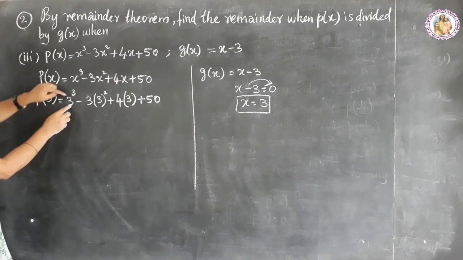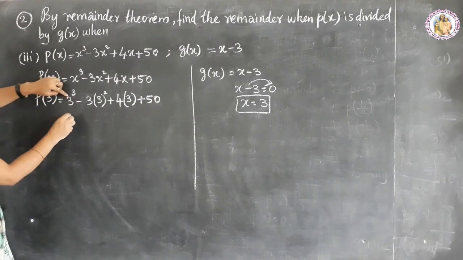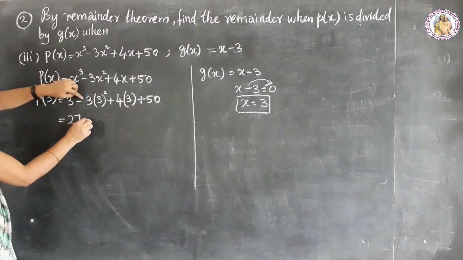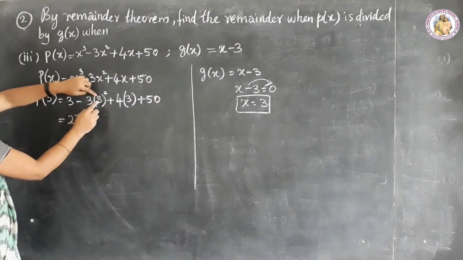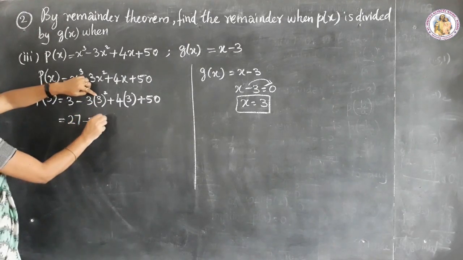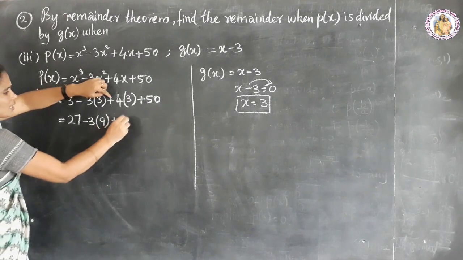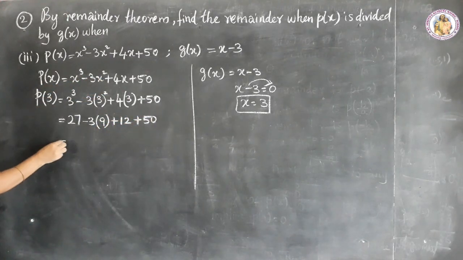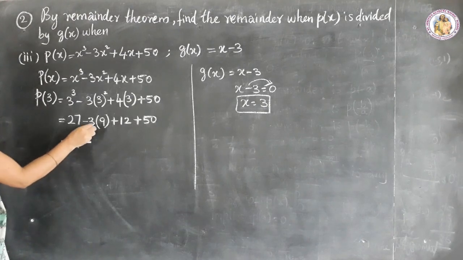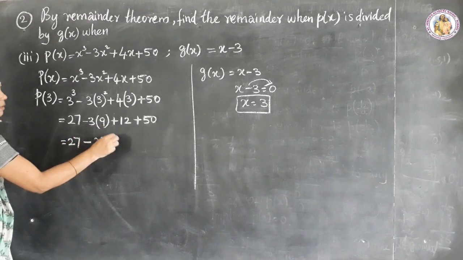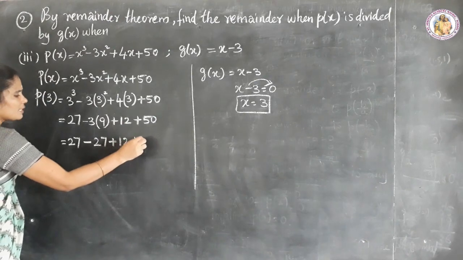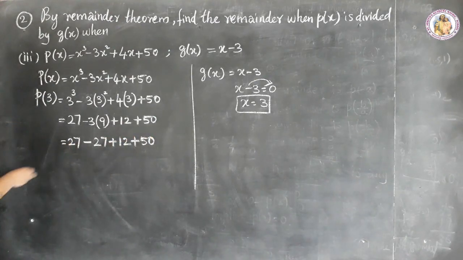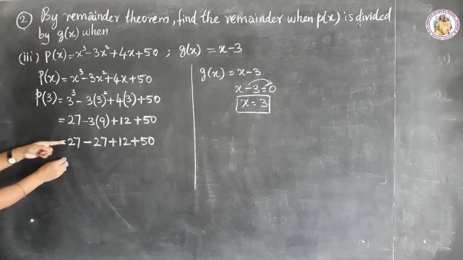Okay, 3 into 3 into 3: 3 3s are 9, 9 3s are 27, minus 3, 3 2 times, so 3 into 3, 9. Plus 4 3s are 12 plus 50. Okay, now 27 minus 9 3s are 27 plus 12 plus 50. So plus 27 minus 27 is 0.